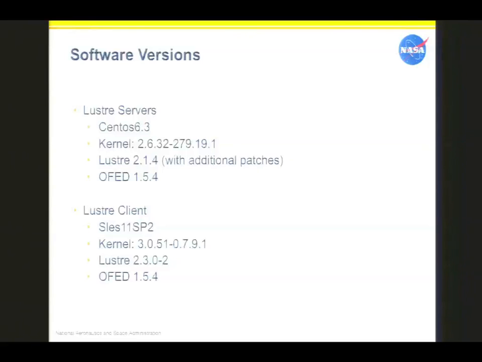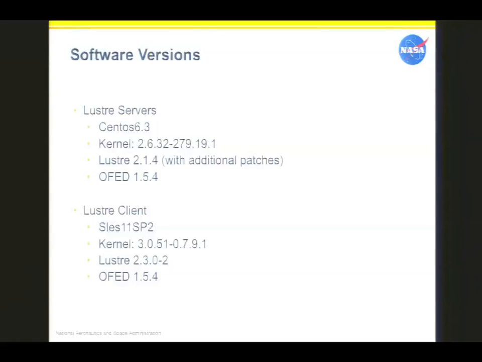Sense 6.3, and Sense 6.3 comes with a 2.6 kernel. SLES 11 SP2 comes with kernel 3.x. So we decided that the users would get more benefit on a big SSI system using a 3.x kernel now. That may change with RHEL 7x or Cent 7x.